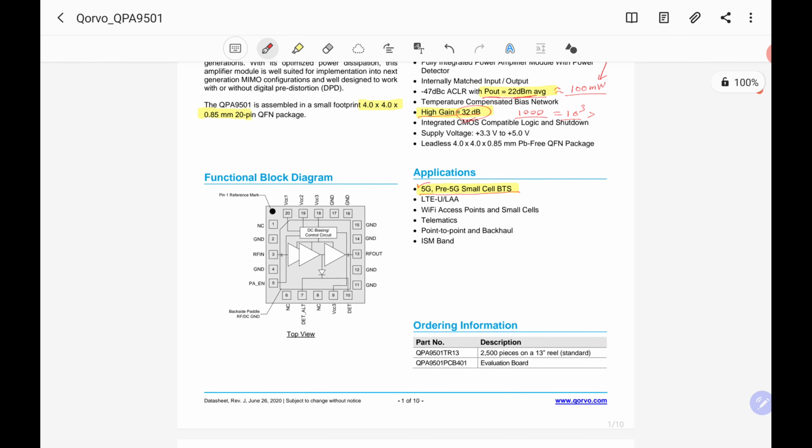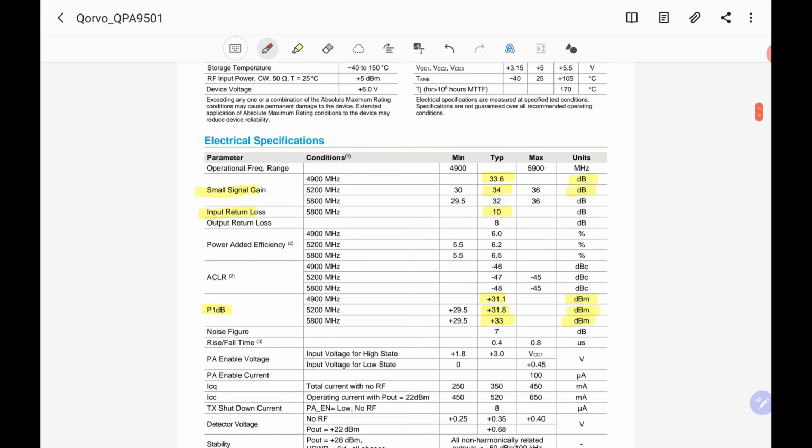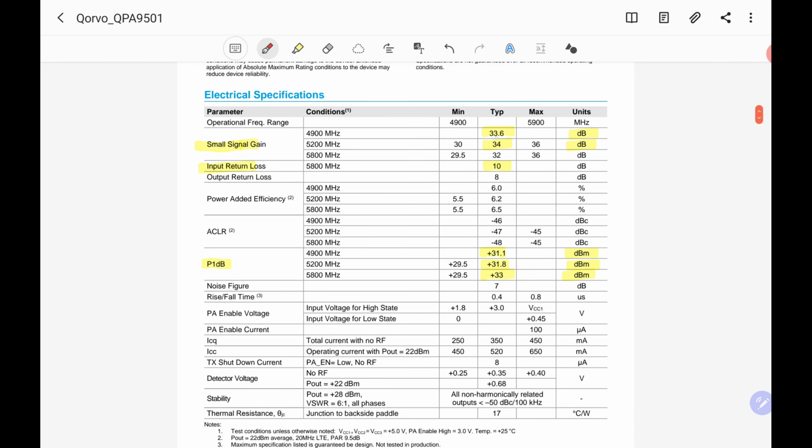So if we see this spec from Qorvo, here, gain, they say typical, which means a normal condition at room temperature. So gain is about 34. If you see this value, this unit is dB. So this amplifier amplifies the signal more than 1000 in terms of power, right?